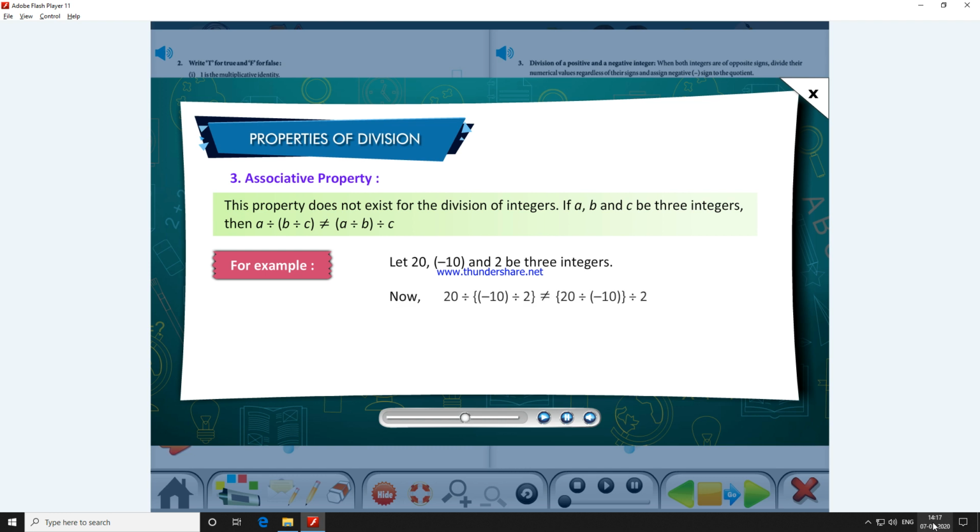Now, 20 divided by {minus 10 divided by 2} is not equal to {20 divided by minus 10} divided by 2, which implies 20 divided by minus 5 is not equal to minus 2 divided by 2, which implies minus 4 is not equal to minus 1.